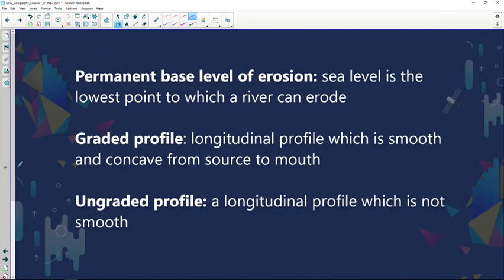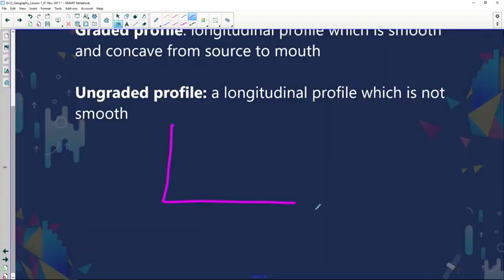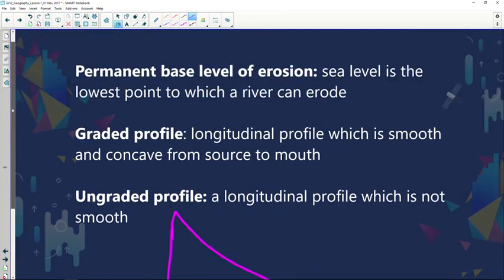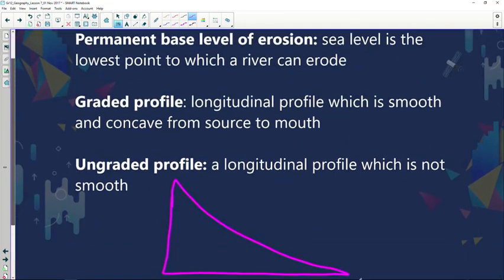Now, like I've mentioned to you before, when a river is flowing from its source to its mouth and it doesn't experience any rejuvenation, we say it's a graded profile. A graded profile, like I've drawn to you before, is a beautiful concave slope, longitudinal profile. The permanent base level of erosion is sea level.